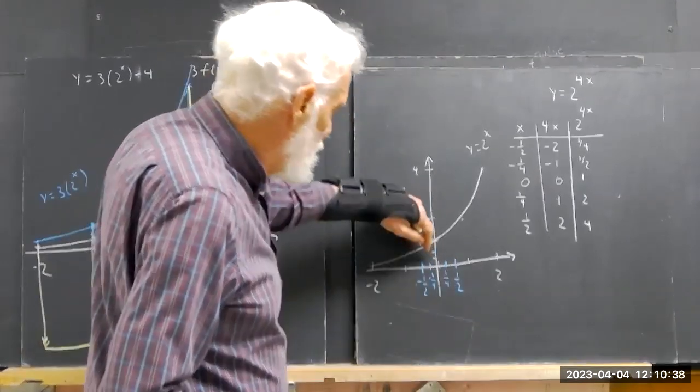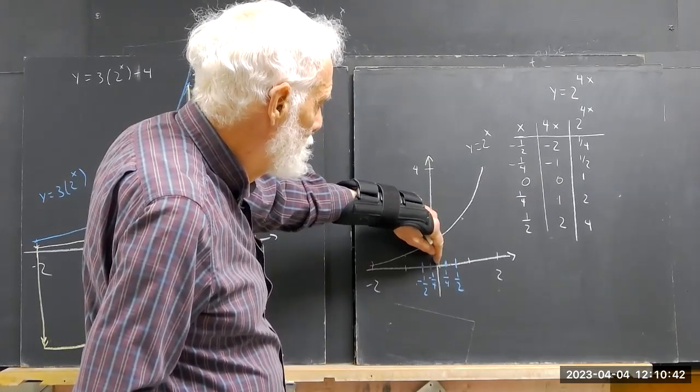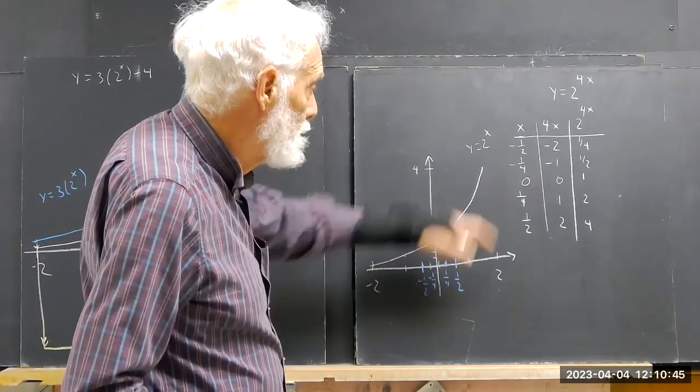So we've got -1/2, -1/4, 0, 1/4, 1/2. There are the x values.